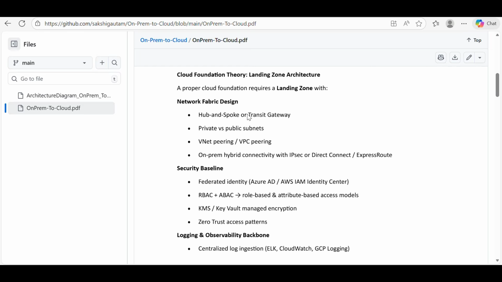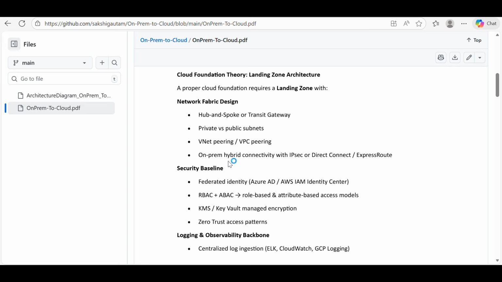Like network fabric design, like hub and spoke or transit gateway, private versus public subnets, what subnets we are going to use, VNet peering or VPC peering when there are multiple virtual private clouds.